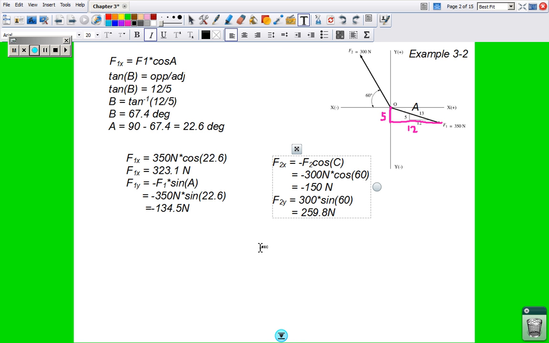Alright, so now if I add the x components and I add the y components, I can get Rx and Ry. So let's do that.